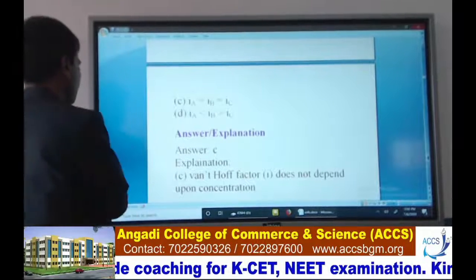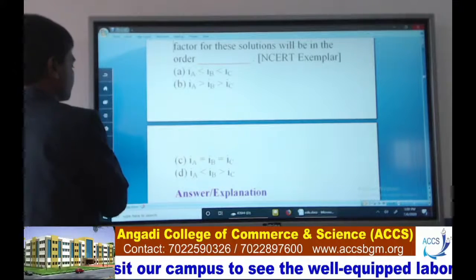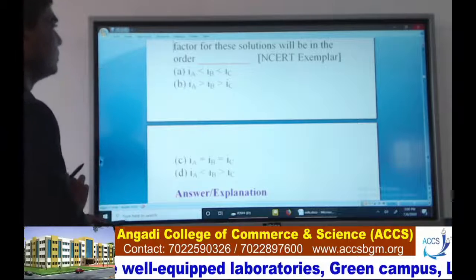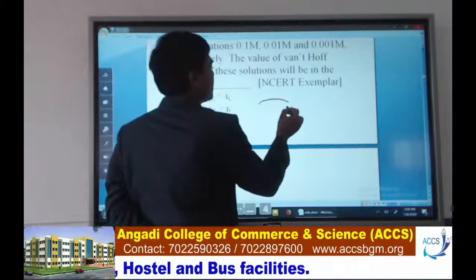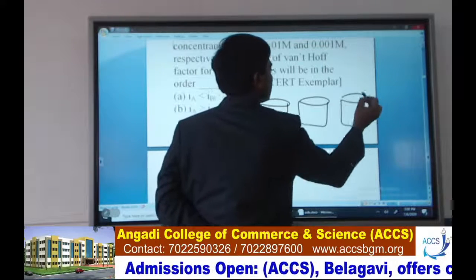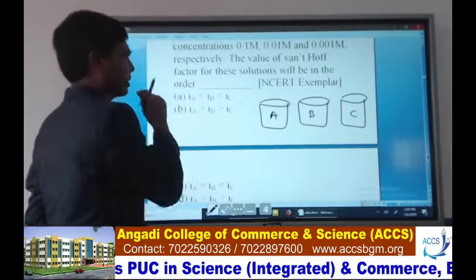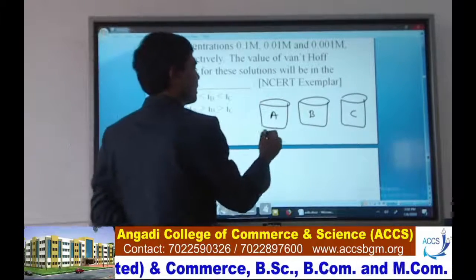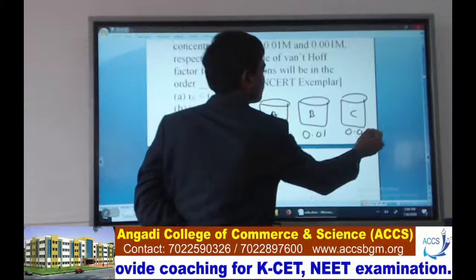So again I will tell you by the diagram here what will be taking place. See, we are having three beakers, 1, 2 and 3. This is A, this is B and this is C. What are the values he has given? 0.1 m, 0.01 m, 0.001 m.